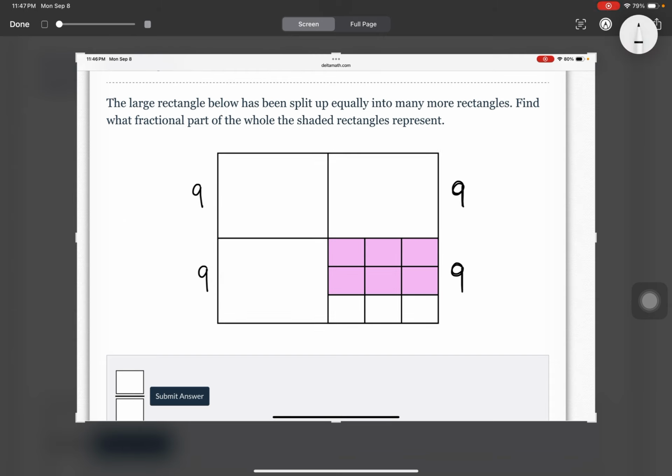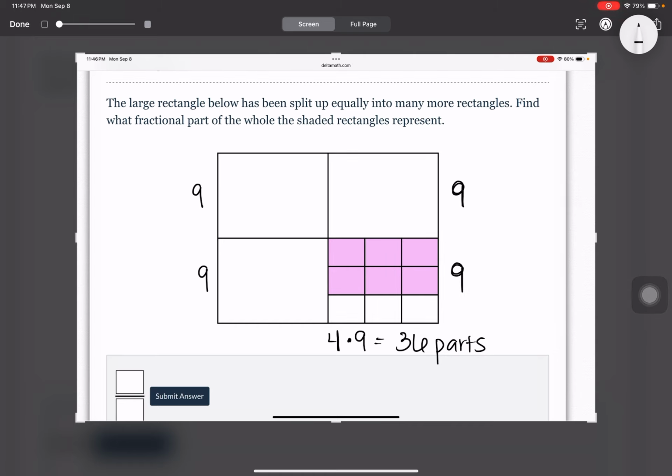I'm not going to be drawing them here, because we can see it visually. If this one has 9, this one has 9, that one, and that one. Now, if I count in total, I have 4 rectangles: 1, 2, 3, and 4. So I'm going to do 4 times 9, because there's a total of 9 rectangles in each of these. So it gives me a total of 36 parts.